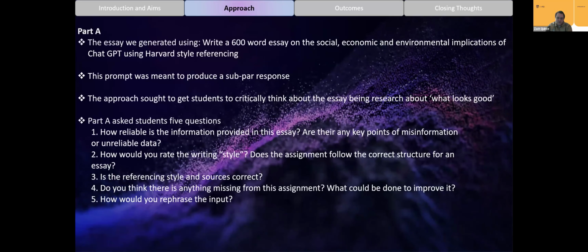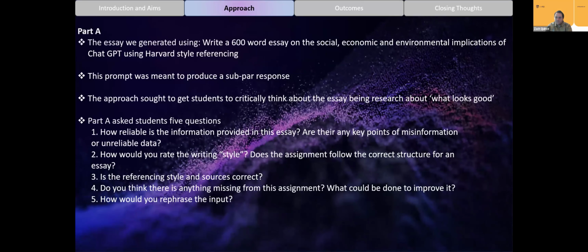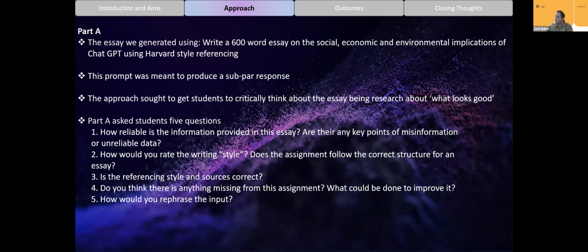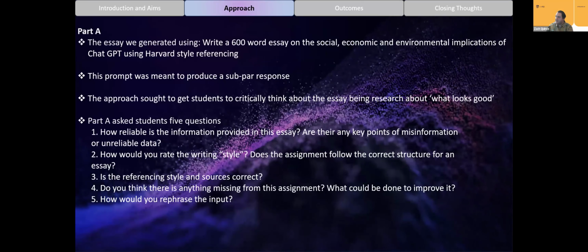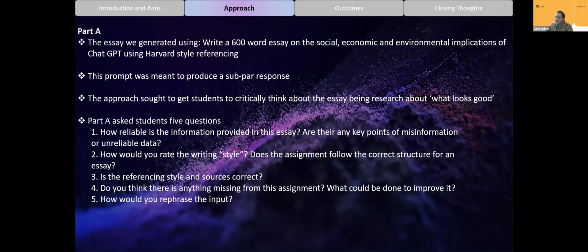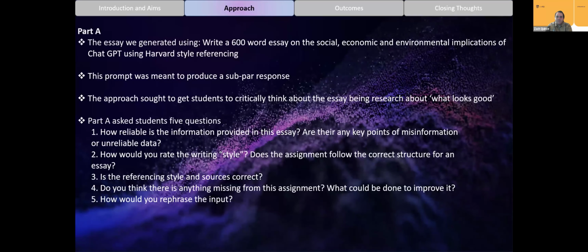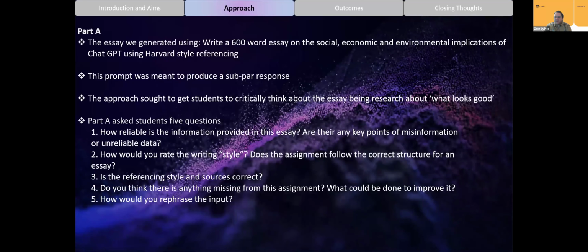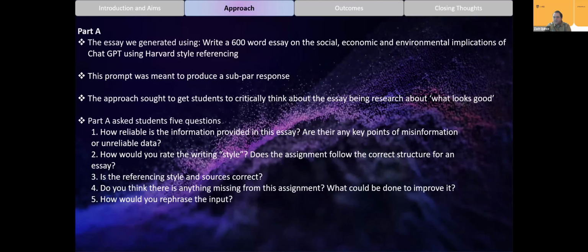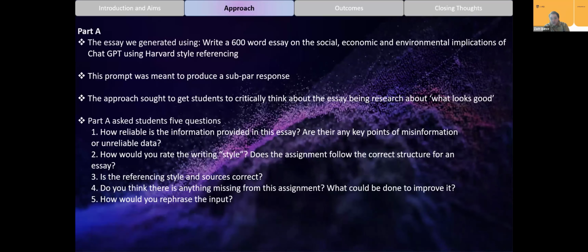And we also wanted students to be able to improve upon that input prompt to see if they could start trying to develop the use of ChatGPT and GenAI. So the approach basically sought to get students critically thinking about what looks good.